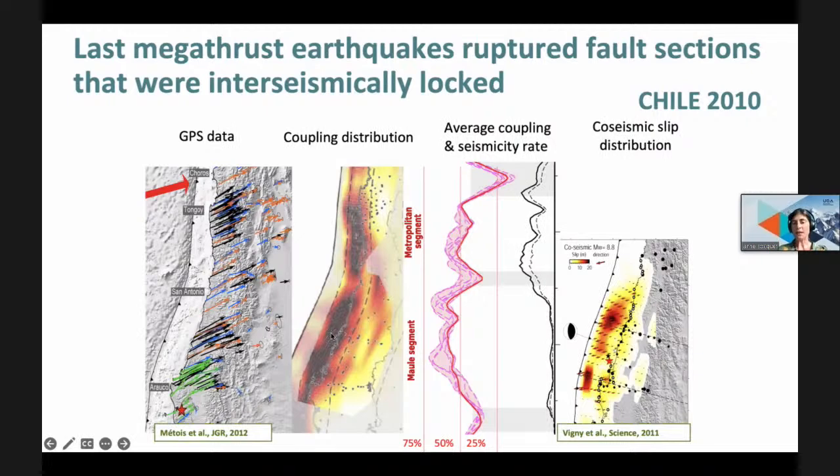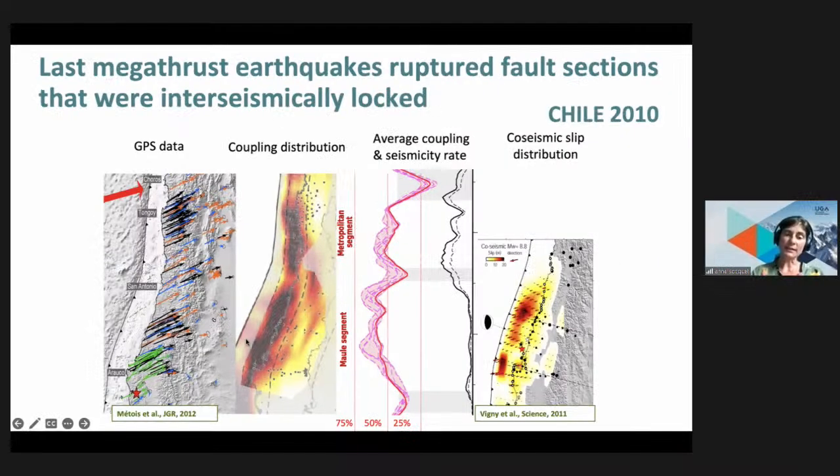As I was saying before I was cut, there is some variability depending on the model, but one thing that persists is that you have a high coupling in this segment, and laterally in this area you have a lower coupling.